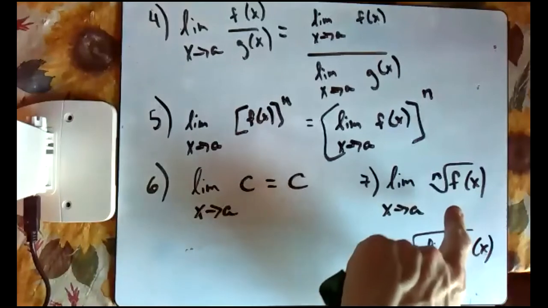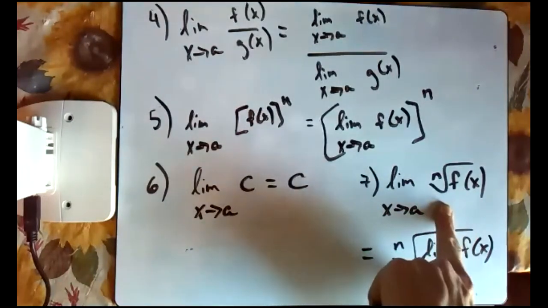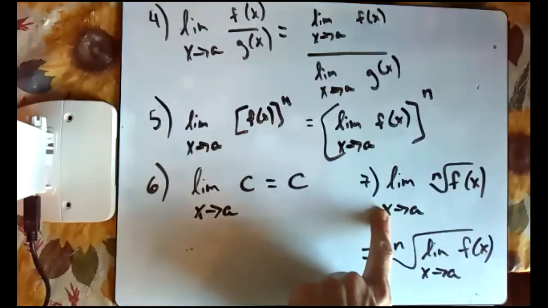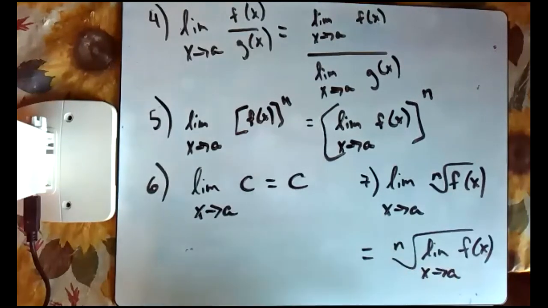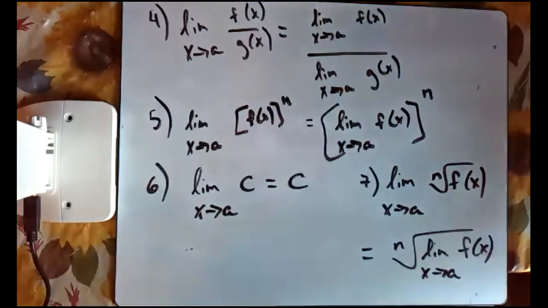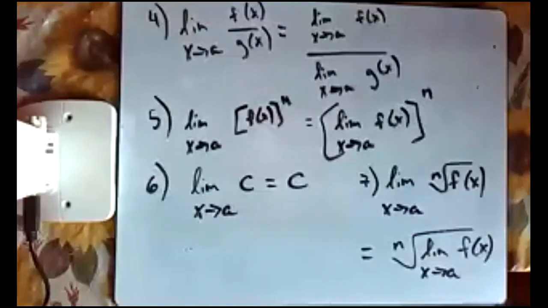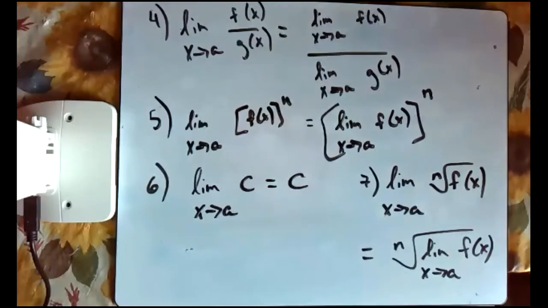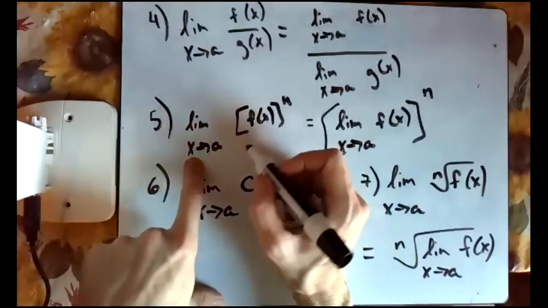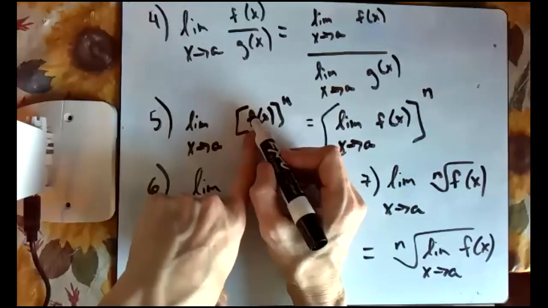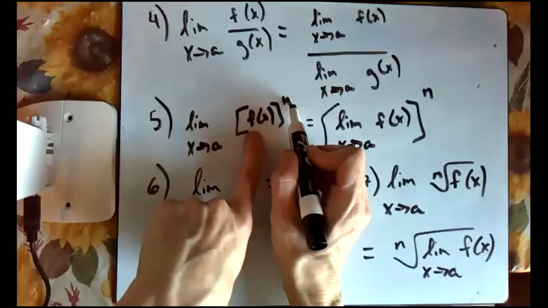So it doesn't matter if you take the root of the function first, then evaluate the limit, or find the limit and then take the nth root. They are both equivalent right there. What does number 5 say? Oh, the limit as x approaches a of f of x all raised to the nth power right there.